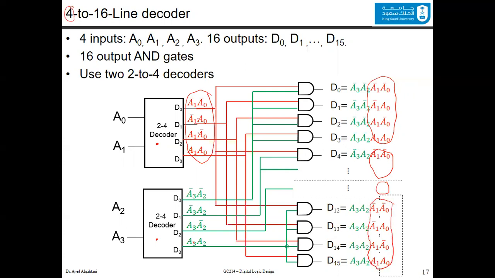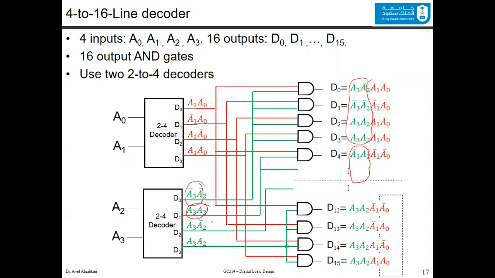Now for this one, you will distribute this way. You will get the first one in the first group, the second one in the second group, the third one in the third group, and the last one in the last group. And this way you generate all of the minterms.